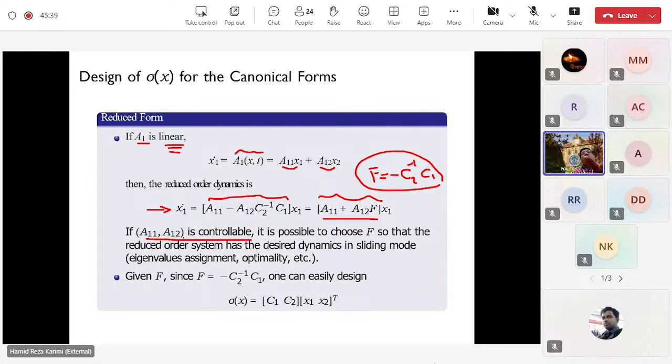But if A11, A12 is not fully controllable, what should we do? If it's not fully controllable, you need to check stabilizability, okay? So you need to check stabilizability.